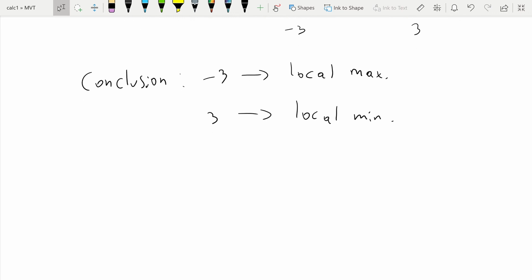The thing to keep in mind now is a note, let me write it over here.